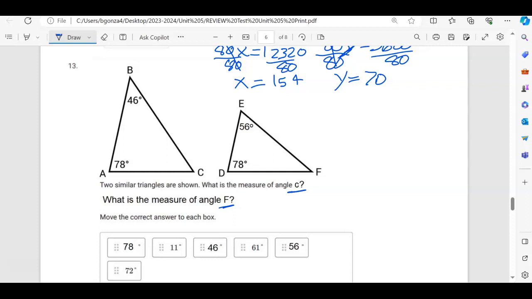All right. Well, it says they're similar, so this corresponds to this. Let's find this missing angle C. Let's take 78 plus 46, 124. Subtract that from 180 and see what I get.